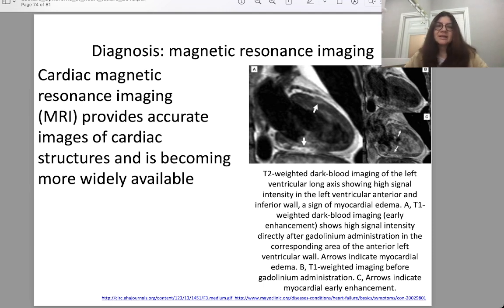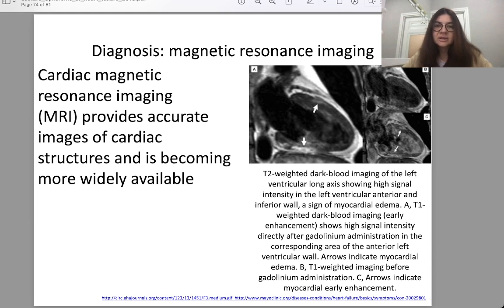Cardiac magnetic resonance imaging, or MRI, provides accurate imaging of cardiac structures and is becoming more widely available. It is not a first-line diagnostic tool too. It is used in some difficult cases, but cardiac MRI is used more and more often in today's cardiological clinic.